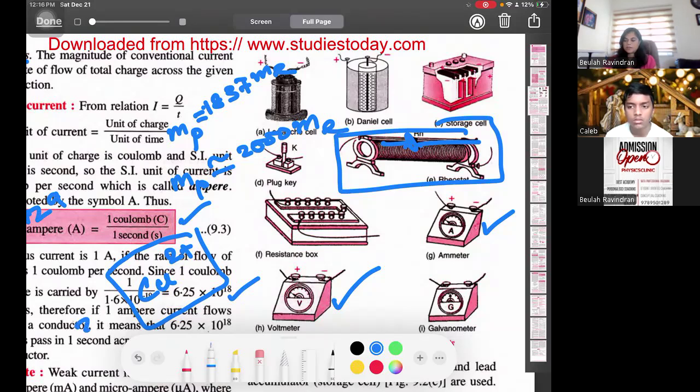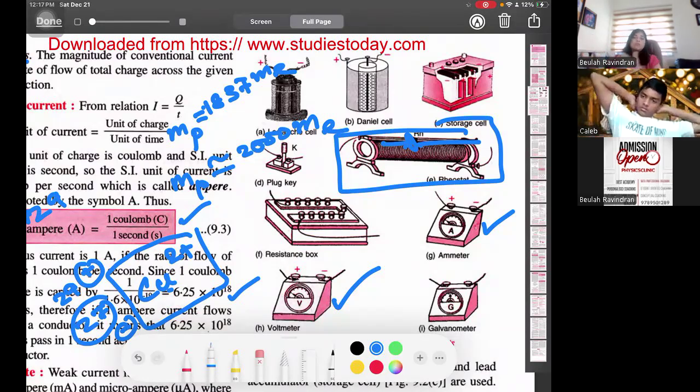There are 27 electrons and 29 protons. Yes, this copper 2 plus contains 29 protons. It's very heavy. It can't move easily. It is fixed in a wire, in its material. So it requires some force, or some electromotive force is there.